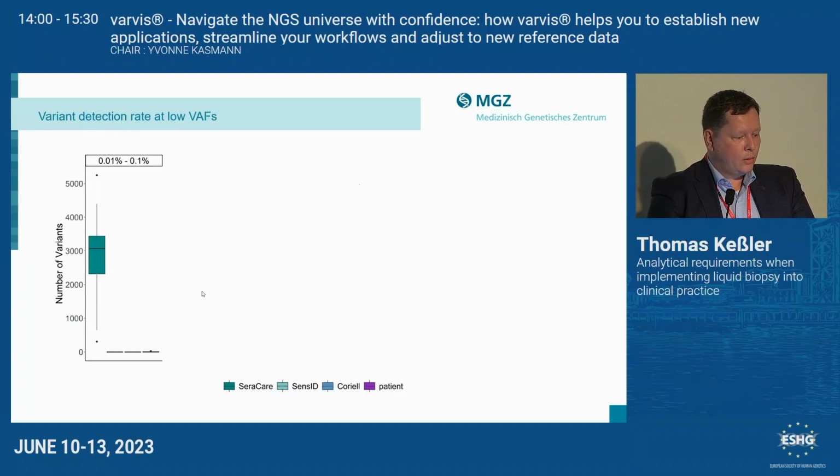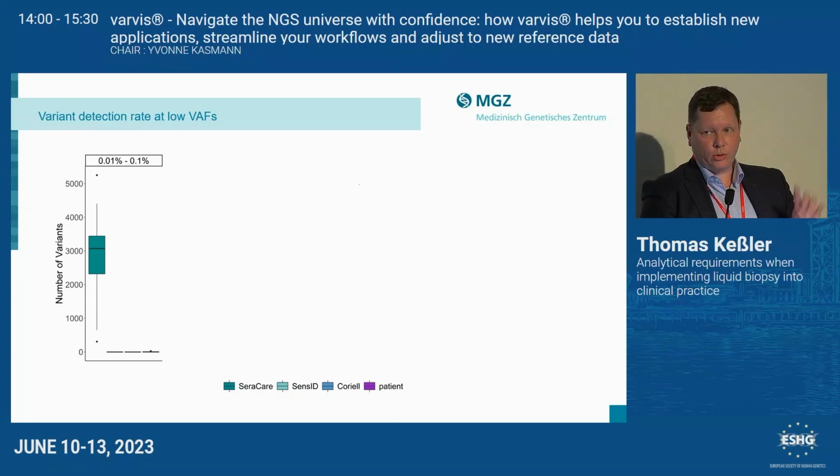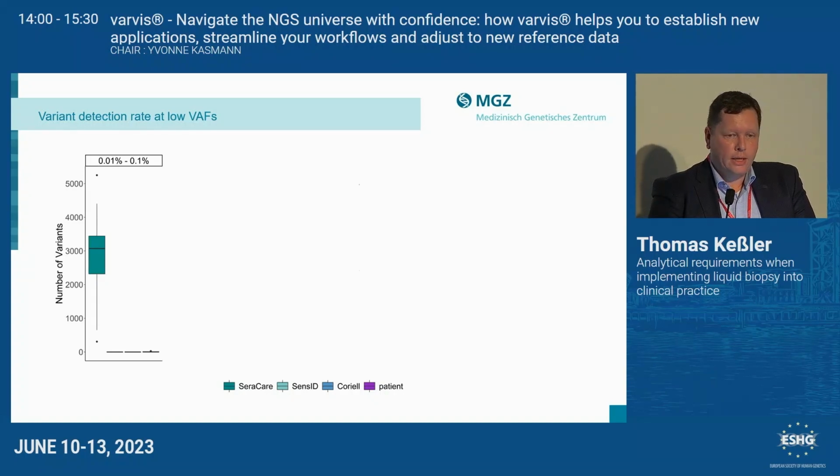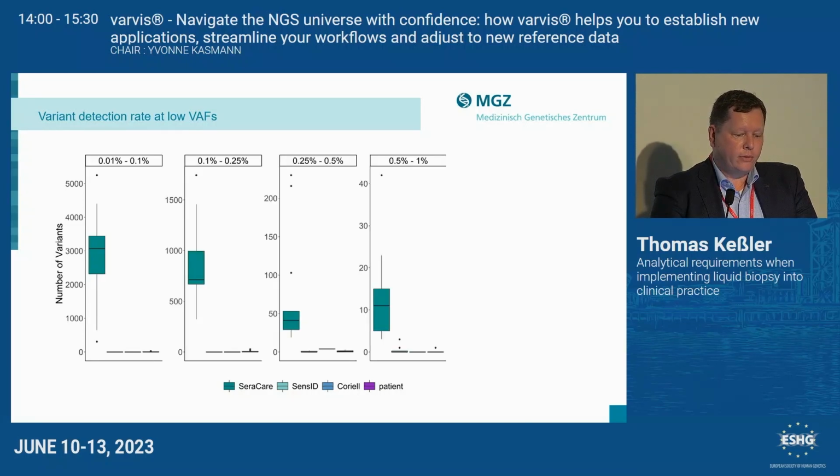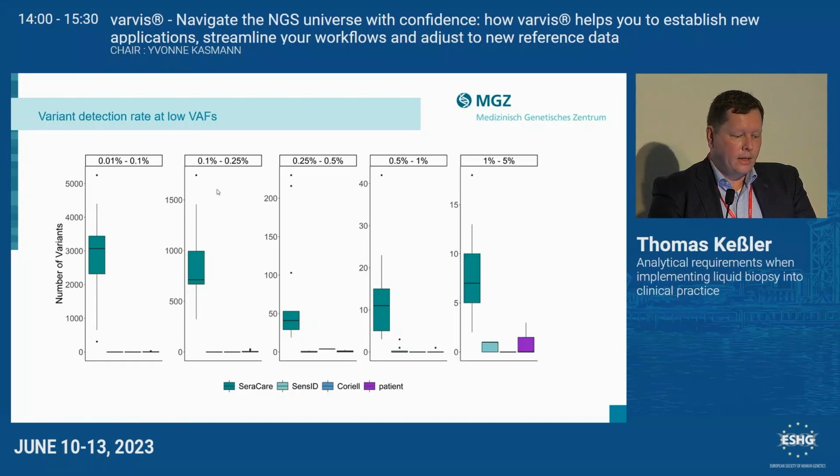So what we had a look at regarding the noise that I showed in the picture before is that we also compared the different reference materials that we were dealing with in certain bins of variant allele frequencies.